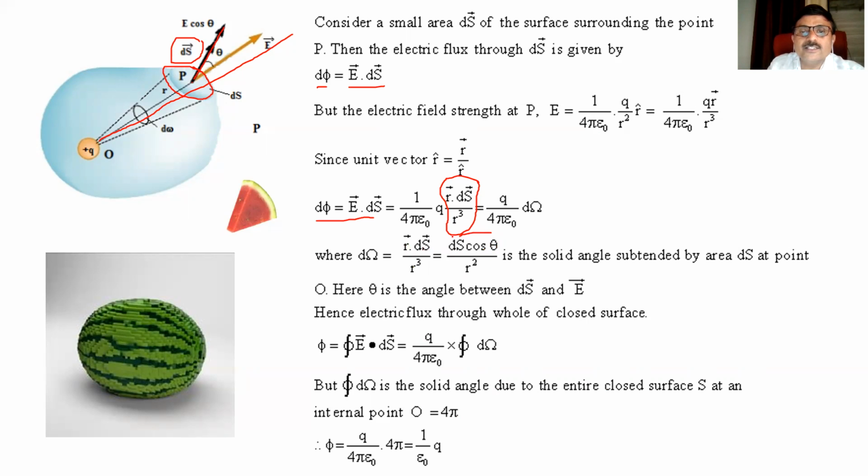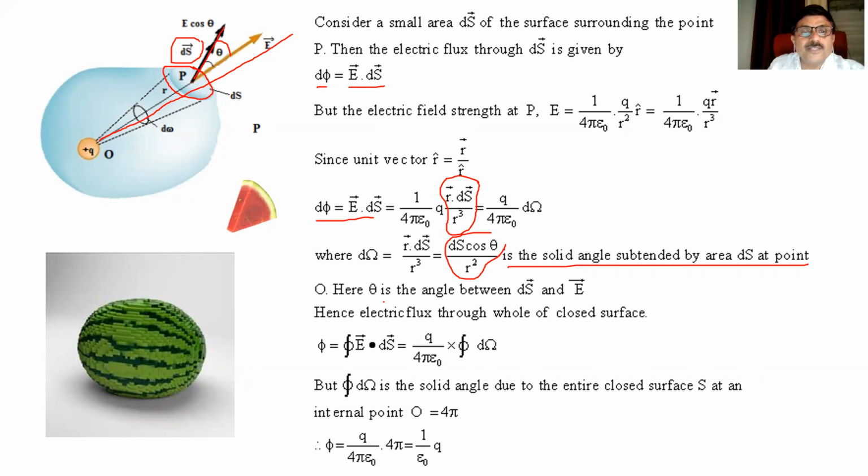So this quantity ds cos theta divided by r square is the solid angle subtended by the surface ds at point O. And here theta is the angle between ds and E, as we have discussed in the earlier slide. So actually, what is the solid angle?